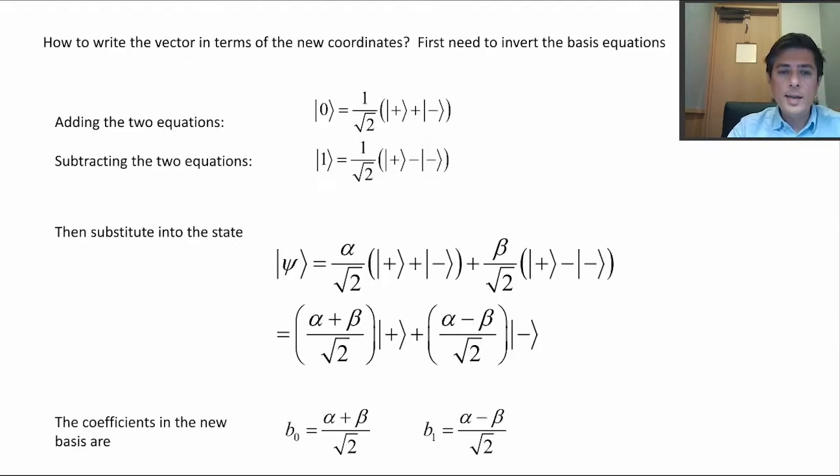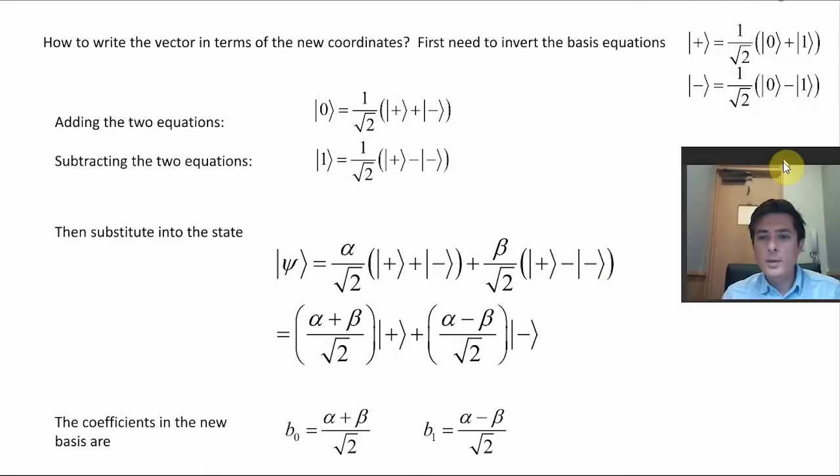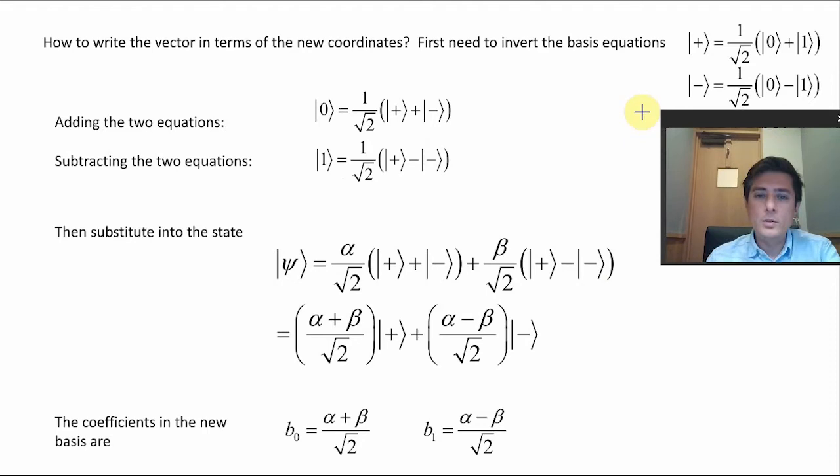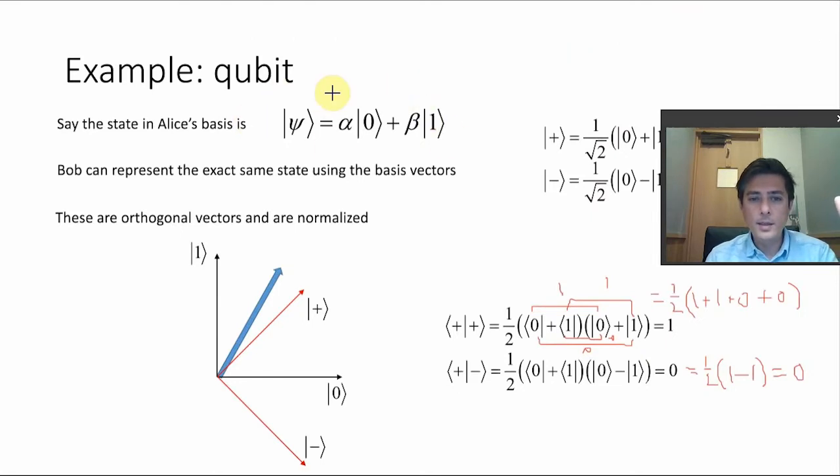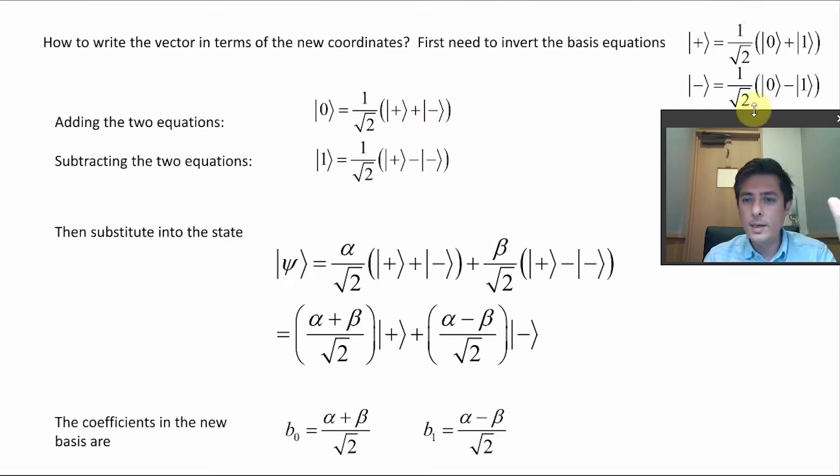Okay, so now let's rewrite the state in terms of the plus and the minus. How do we do that? Well, we've got the definitions of the plus and the minus, but in order to convert our original state, which was written like this, we need to invert this equation so that 0 is equal to plus minus something or other, and 1 is equal to plus minus something or other.